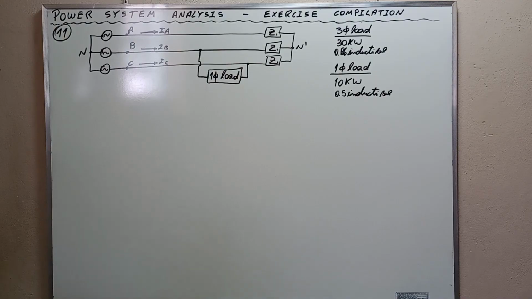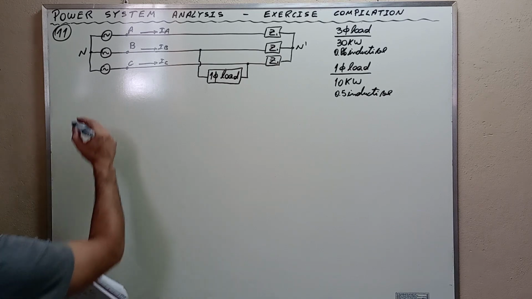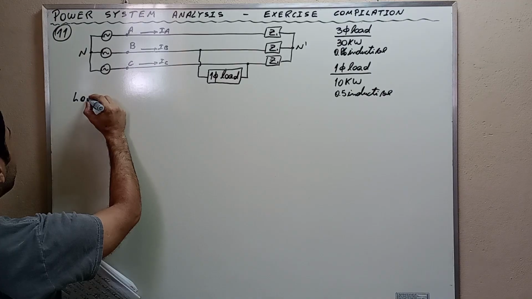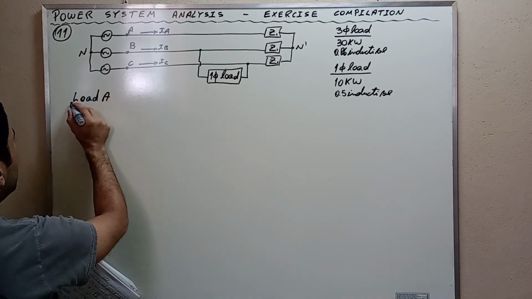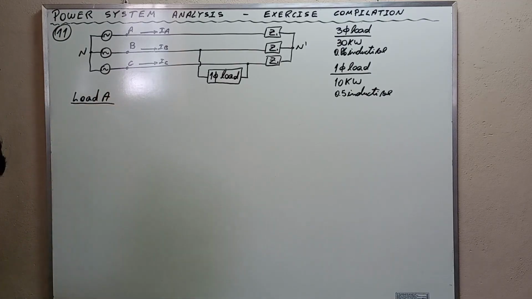As the exercise stated, the single-phase load has a real power equal to 10 kilowatts and an inductive power factor equal to 0.5, and the three-phase load has a real power equal to 30 kilowatts and an inductive power factor equal to 0.86. Let's work firstly on the single-phase load, and I'm going to call it load A. Load A for us is the single-phase load.